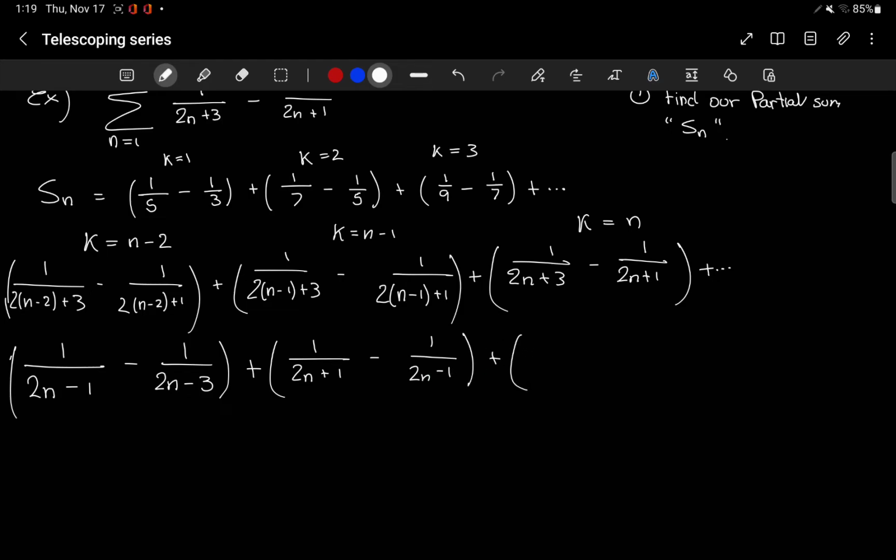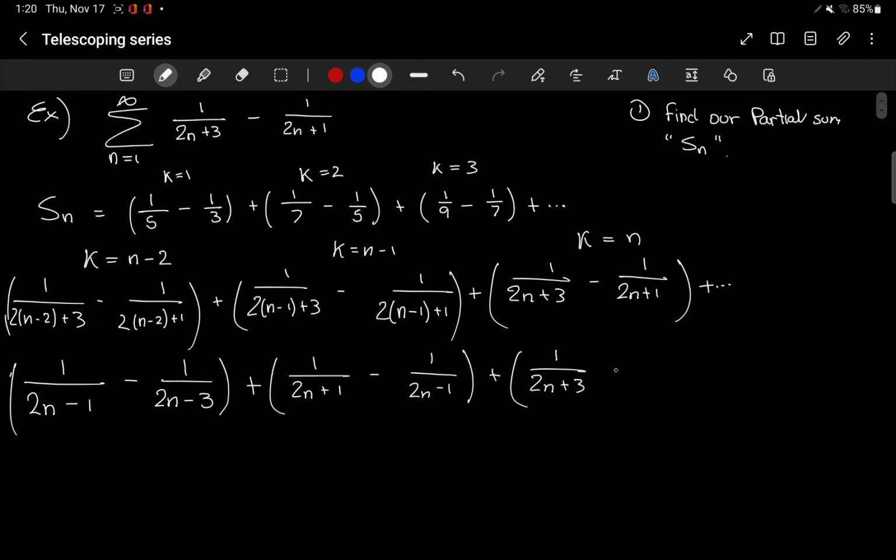And if we continue to simplify, we would just get the same thing here, which is the original series, minus 1 over 2n plus 1, provided that we simplified. So this list of terms is the same one as this one right here.